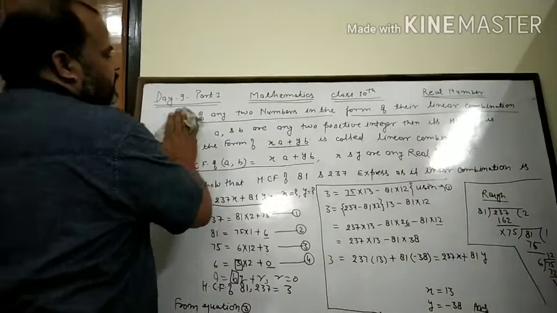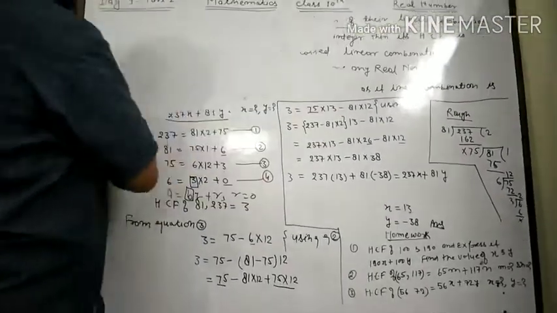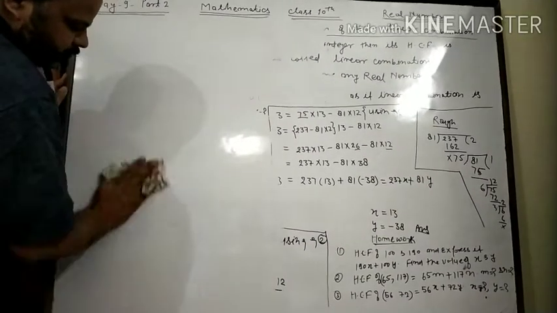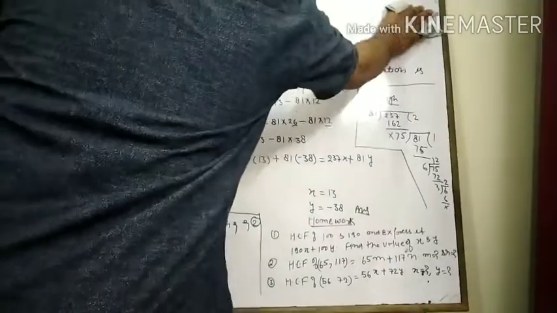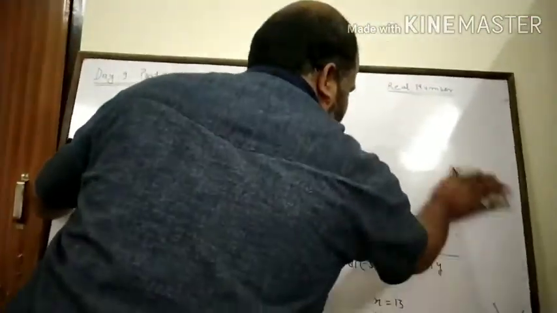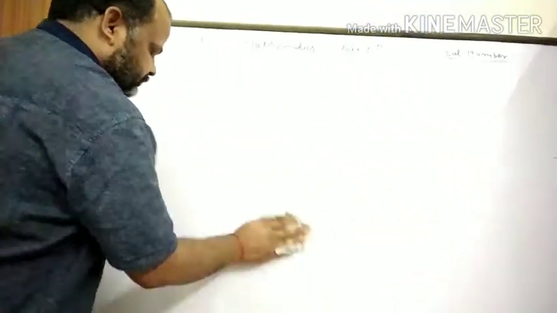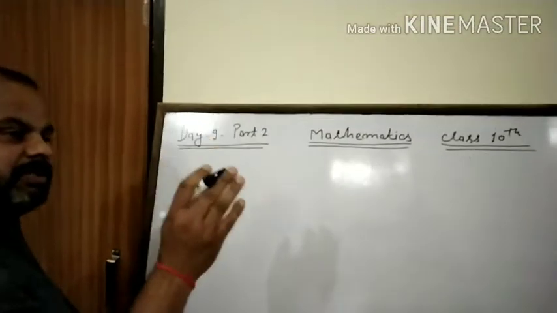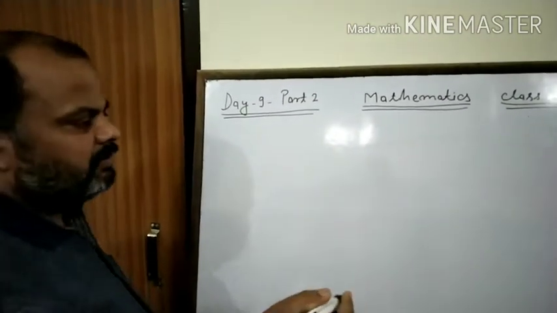Now here we discuss what questions are asked in real numbers in the board examination. Which type of question is asked in the board examination? First, we discuss only the questions which are asked for 2 marks and 3 marks. Clear?